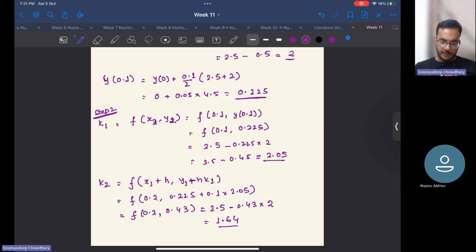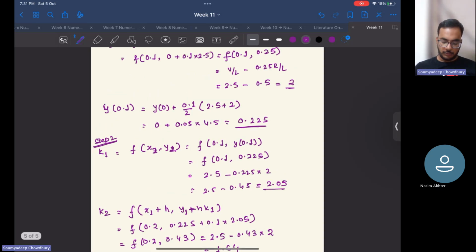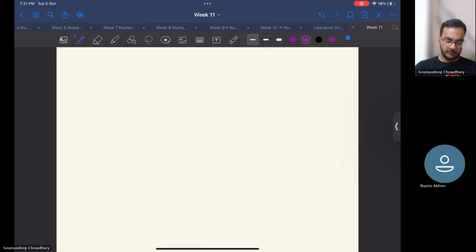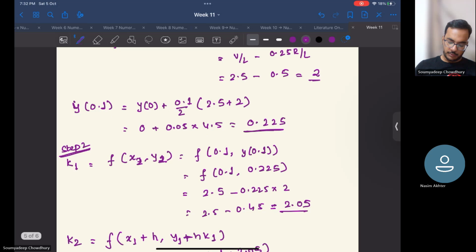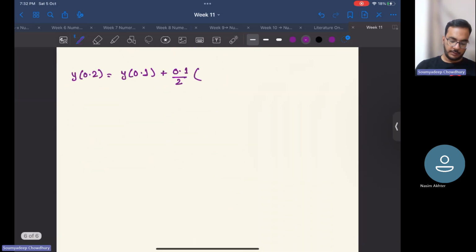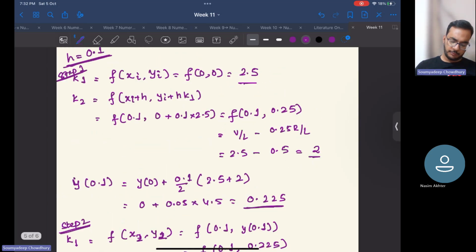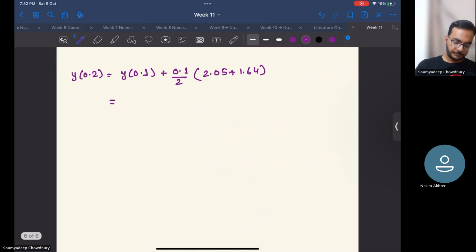So now you have K1 as 2.05 and K2 as 1.64. You can find y of 0.2, which is y of 0.1 plus h by 2 into K1 plus K2. y of 0.1 is 0.225.